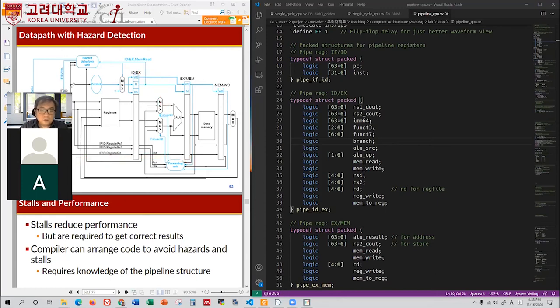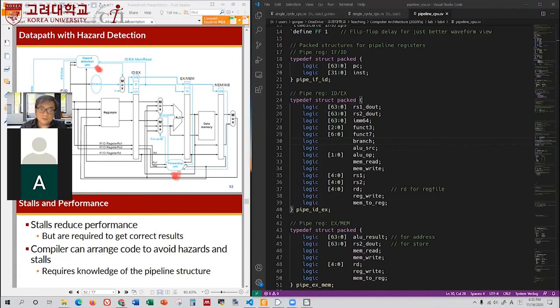So you need to implement this hazard detection unit and then the data forwarding unit. Actually, we learned about the condition of the data forwarding and the condition of the hazard detection unit.